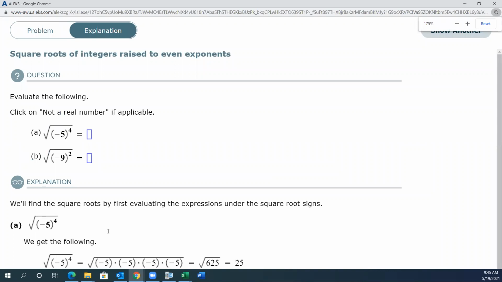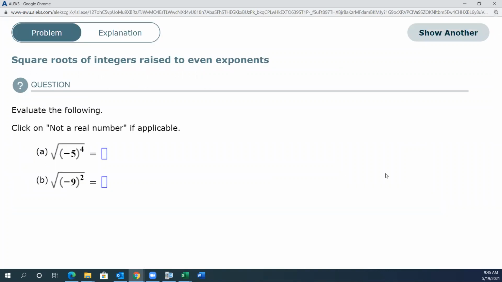So I would say, let's evaluate inside the square root. -9 squared is positive 81, and the square root of 81 is 9. They're not asking for all square roots, so we're just going to do the principal square root, or the positive one. And that's kind of how it goes. So simplify inside the radical first.